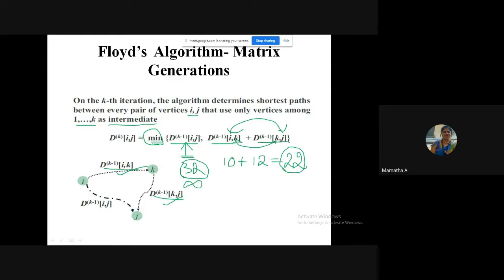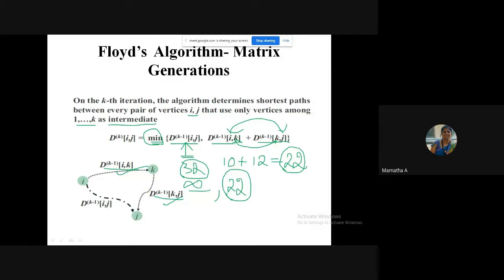So what I am trying to convey here is, I check whether there is a path already existing, and also I check is there a path with k acting as the intermediate, and take the shortest among them. Suppose for example, if it is not existing, so it was infinity comma 22. Again, which one will I select? Which is minimum here? It is 22, because infinity is more.